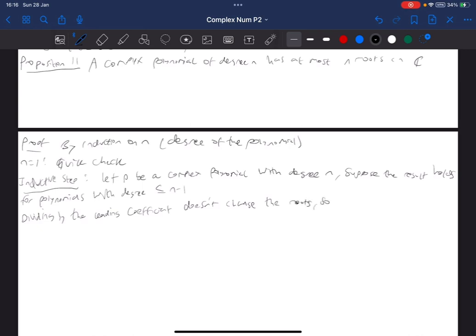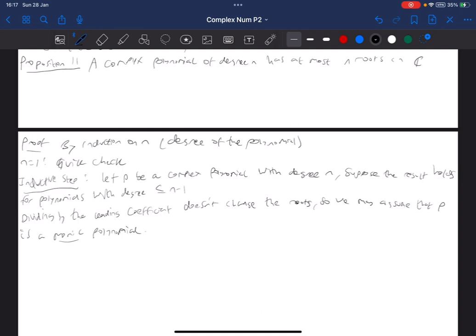So we may assume that P is a monic polynomial. If it's monic, then the coefficient in front of the highest term will be 1, essentially.